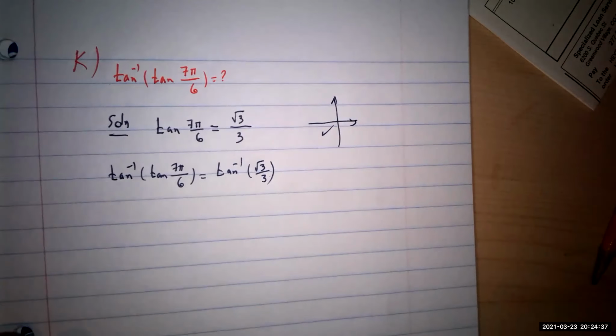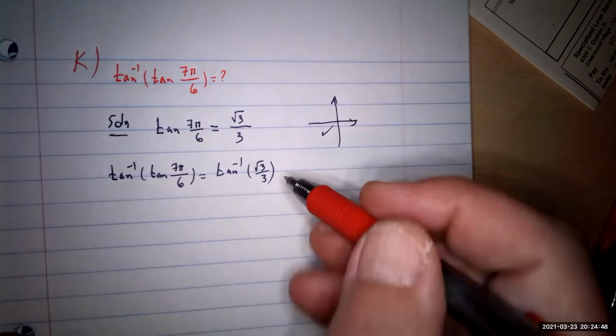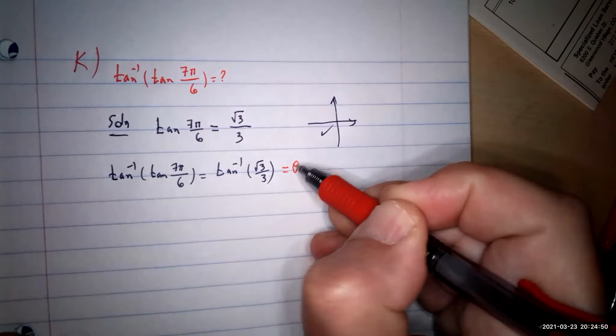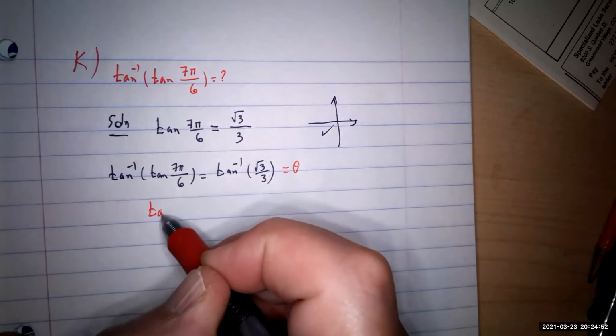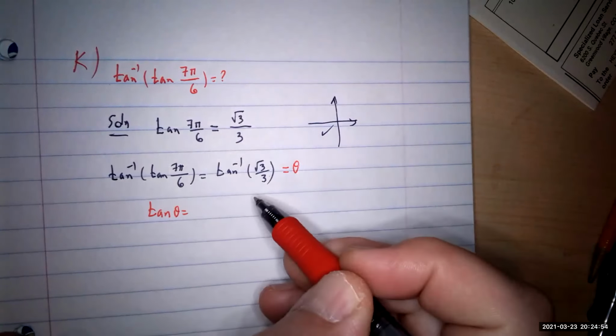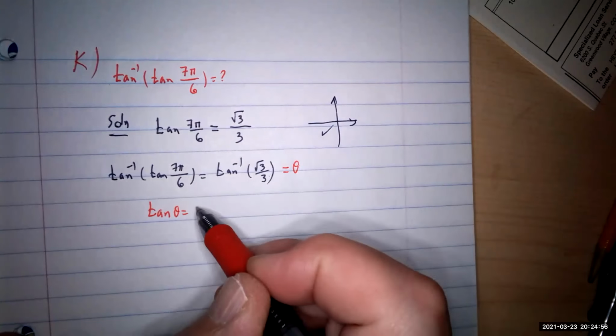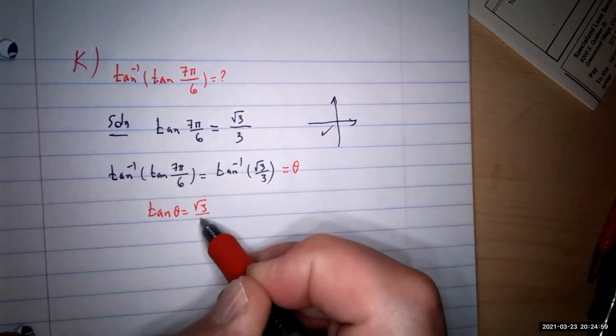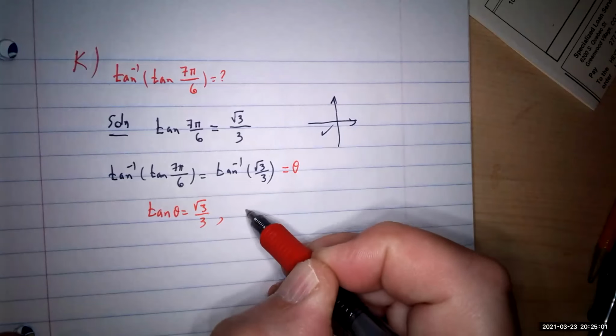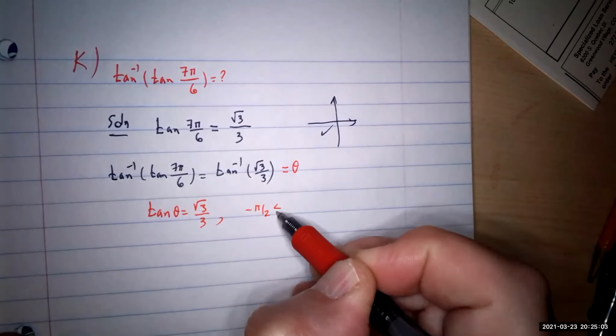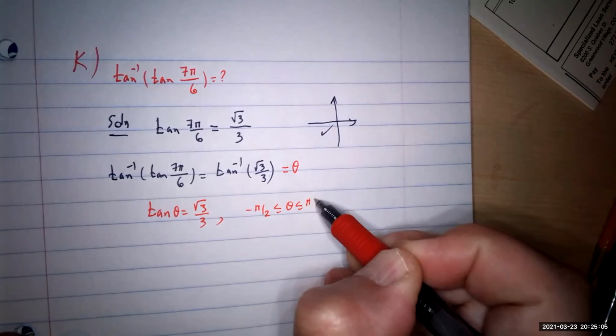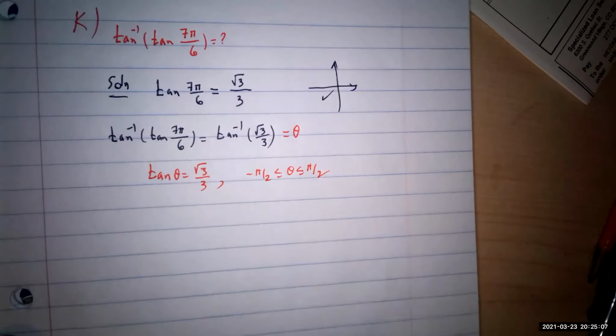You would like to find an angle whose tangent is radical 3 over 3. That angle is 30 degrees. You may call it theta, and the tangent of theta is radical 3 over 3. The condition is that you must be between negative pi over 2 and pi over 2. It's positive, so you can answer it quickly.